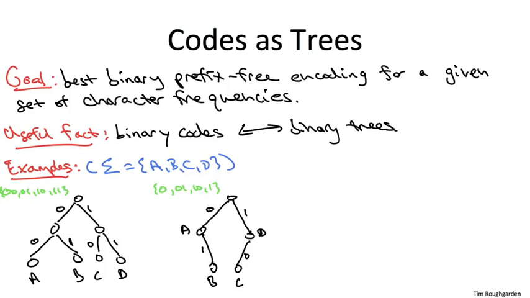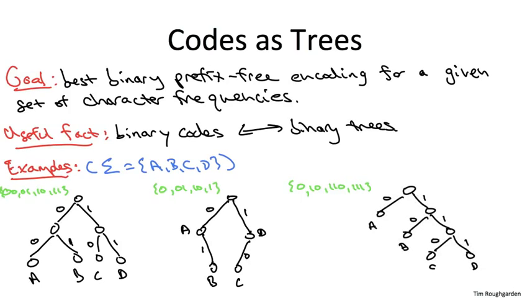So let's draw the tree for our final example, which was the variable-length but prefix-free code that we looked at in the previous video. This is going to correspond to a tree which is not perfectly balanced, but it will have labels only at the leaves of the tree. If you label the edges of this tree the way we've been doing, all the left-child edges get a 0, all the right-child edges get a 1, and we label the leaves of the tree from A to D going from left to right, you'll see we have the same correspondence as in the previous 2 trees.